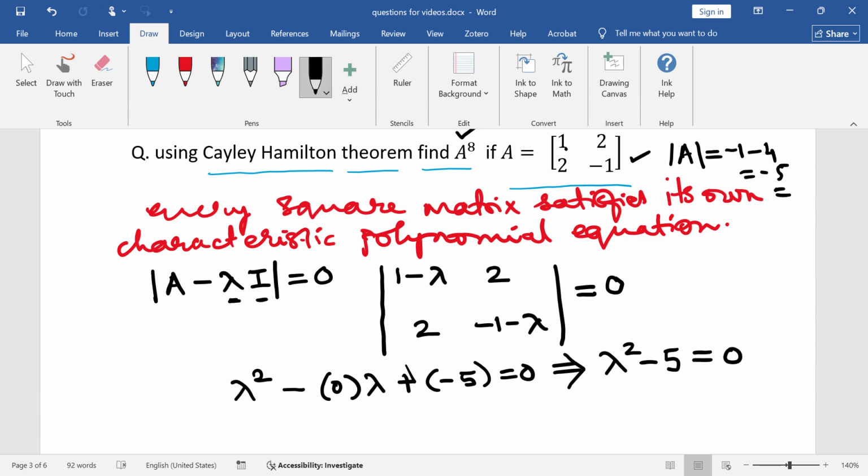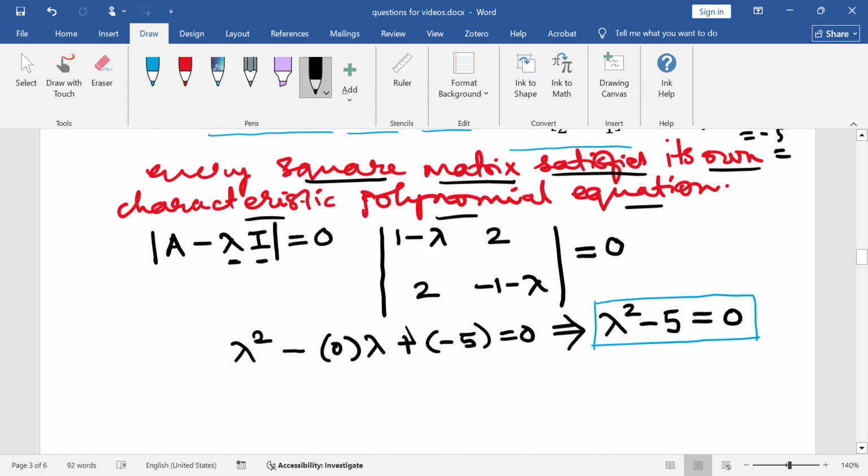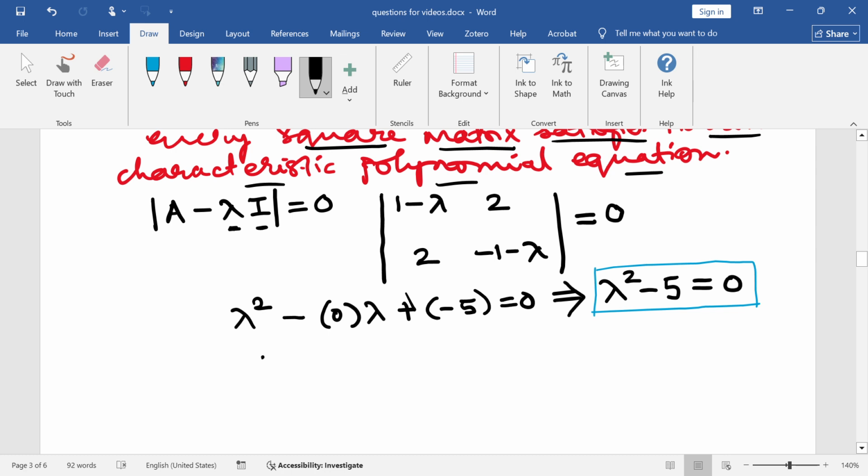Now our statement is that every square matrix satisfies its own characteristic polynomial equation. And in this particular case, this is our characteristic polynomial equation. So the matrix satisfies this equation means what happens? In place of lambda, if I put A, so A square minus 5.